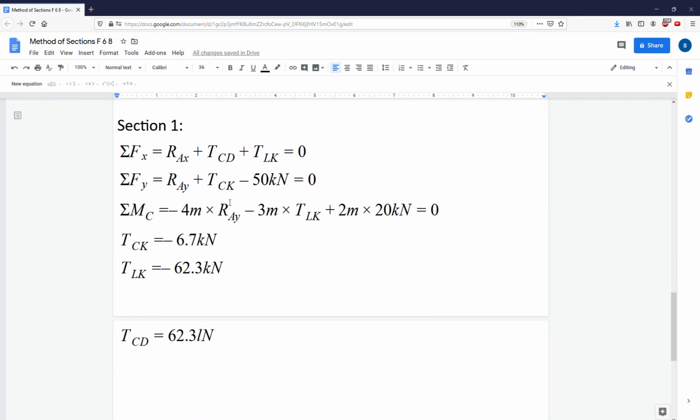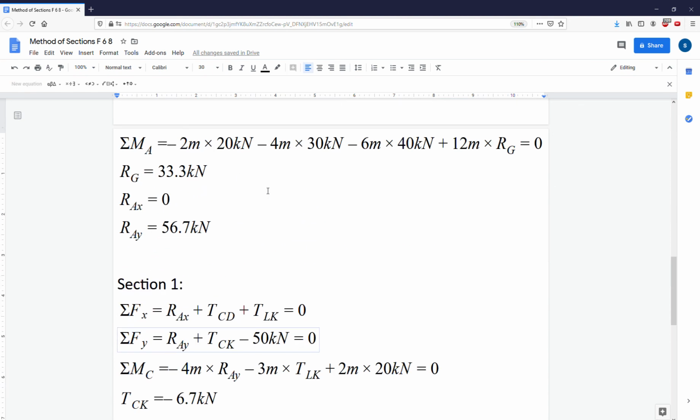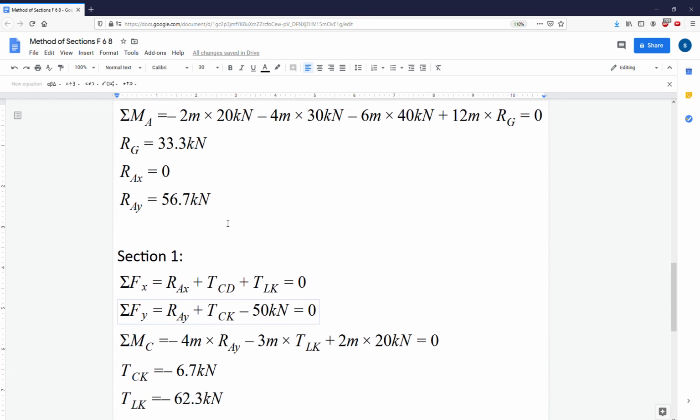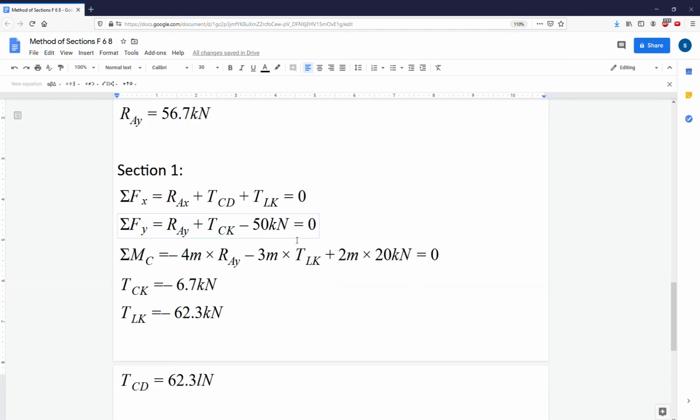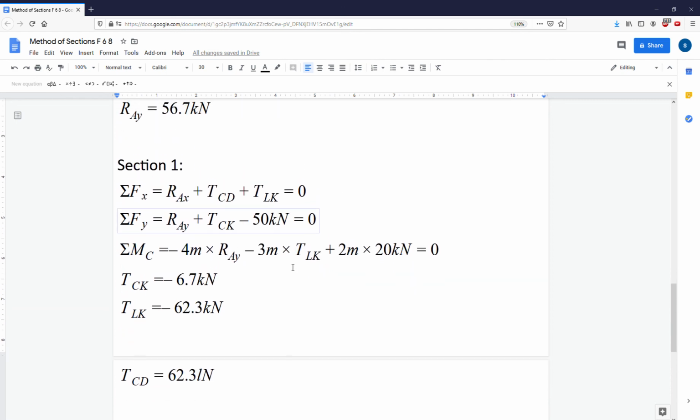So solving for these, first we can solve this formula for TCK because RAY is known. RAY was 56.7 kilonewtons, so TCK must be negative 6.7 kilonewtons. Next, we can use the sum of moments equation to solve for TLK because, again, that is the only unknown in that equation.